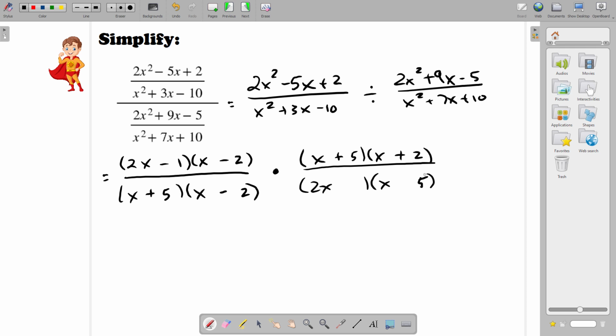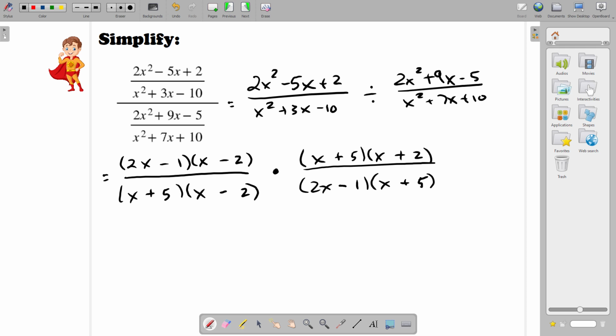So if I have 10 and 1, I can get 9. If I make the 10 positive, the 1 negative, 2x times x is 2x squared. 2x times 5 is 10x. Negative 1 times x is negative 1x. So 10 and negative 1 is positive 9. And negative 1 times positive 5 is negative 5.